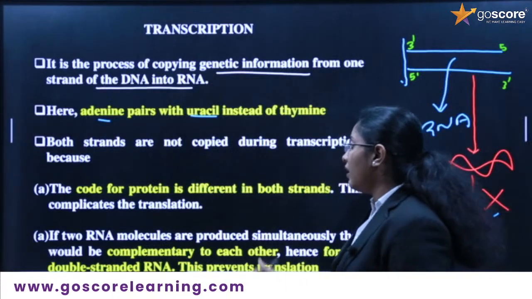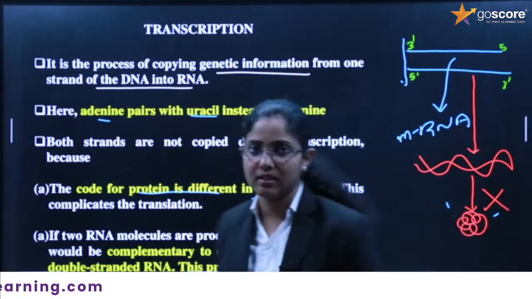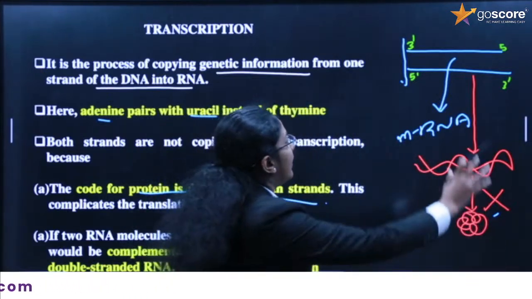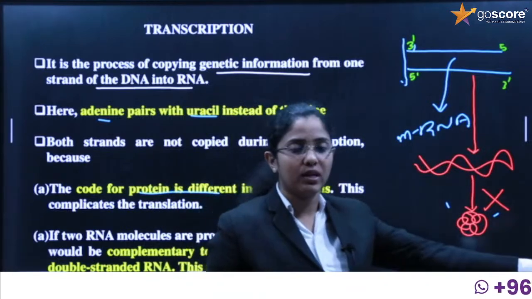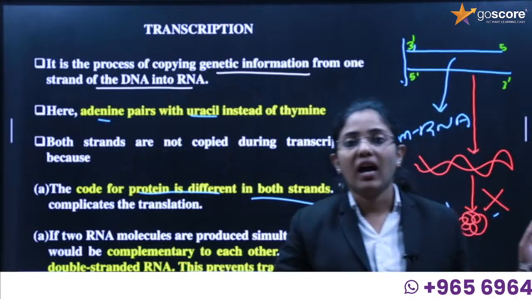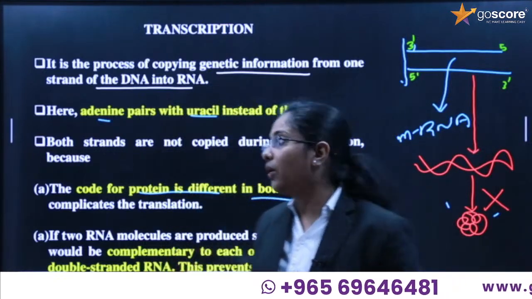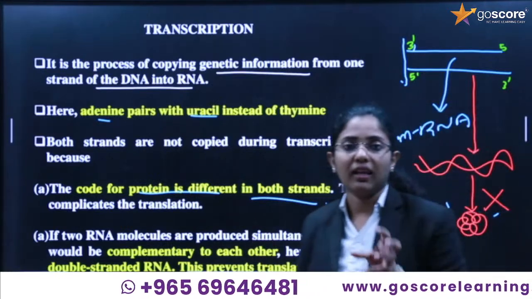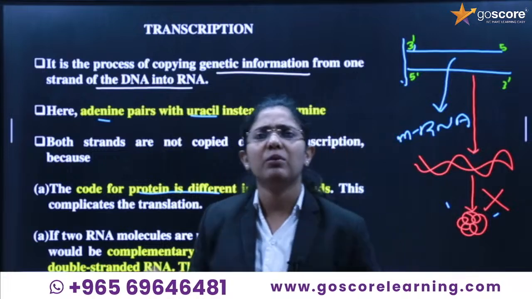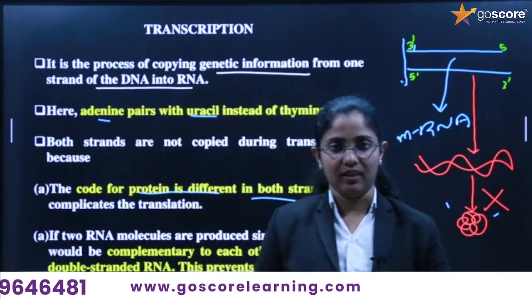Then, the code for protein is different in both strands. If you are considering the two strands, one strand has one particular sequence, and the next strand will have the complementary sequence. If you are considering a particular protein, for example an enzyme, salivary amylase is an enzyme, right?